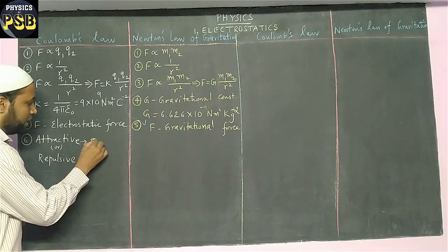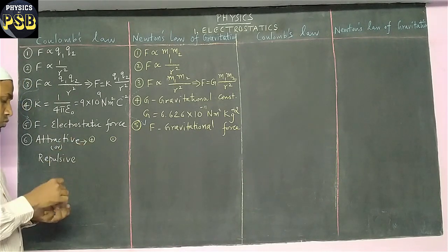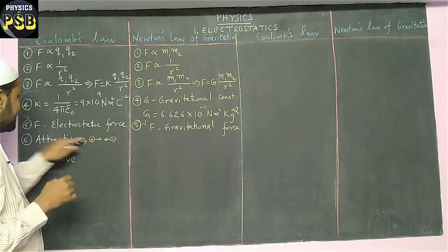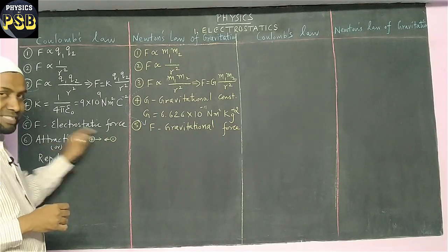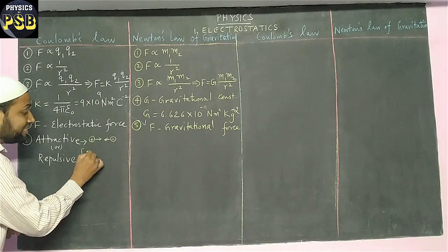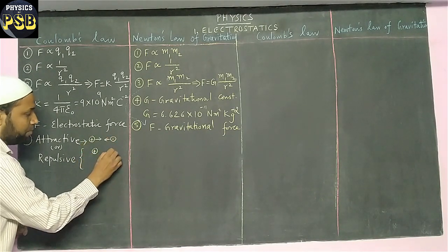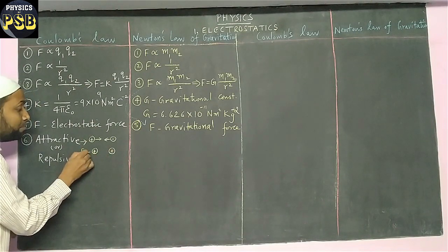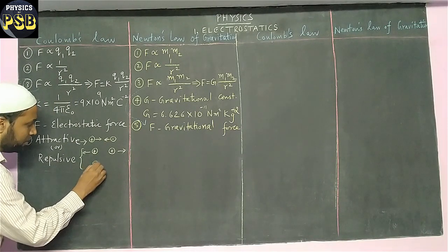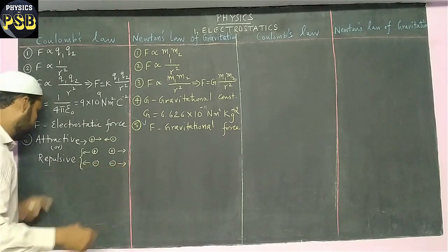If you have a positive charge near a negative charge, these two charges will attract each other. Unlike charges attract, whereas like charges, same charges, repel. If you bring a positive charge near a positive charge, they move away. Similarly, if you bring a negative charge near a negative charge, they also repel each other.